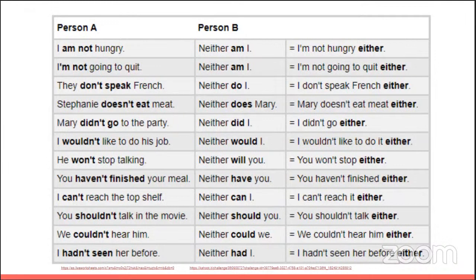I wouldn't like to do his job. Neither would I. I wouldn't like to do it either. He won't stop talking. Neither will you.